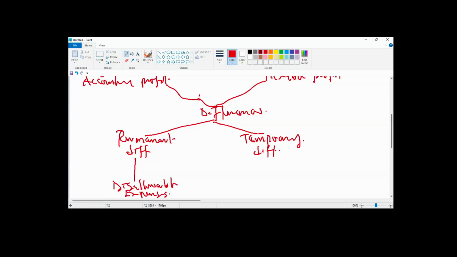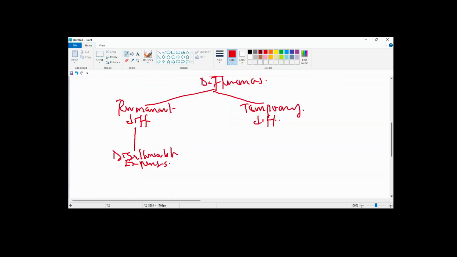The temporary difference can be of two types: taxable temporary difference and deductible temporary difference.